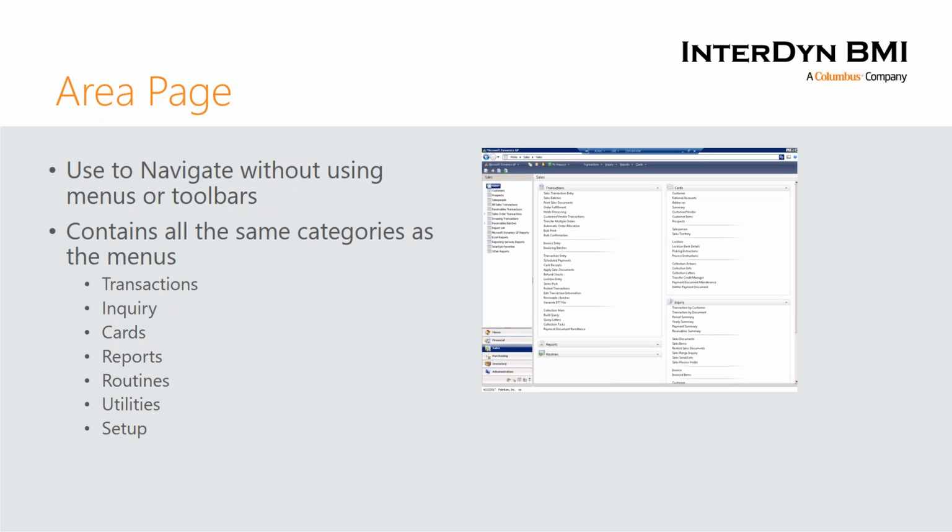The top menus are the more traditional menus, and if you don't like those menus, or you've looked at them for 20 years and want to do something different, you can use the navigation pane and the navigation list to drive yourself through the system and never go to those top menus.